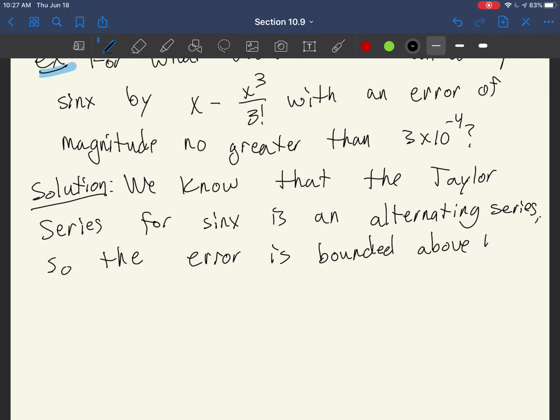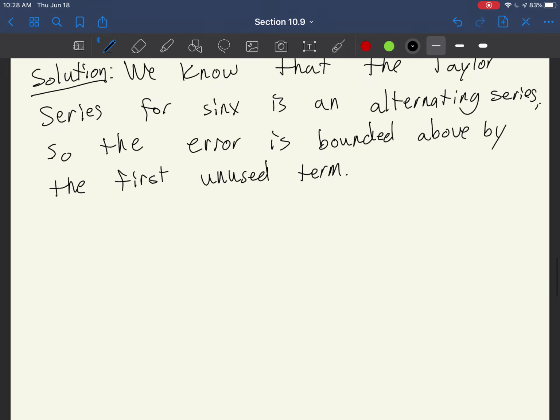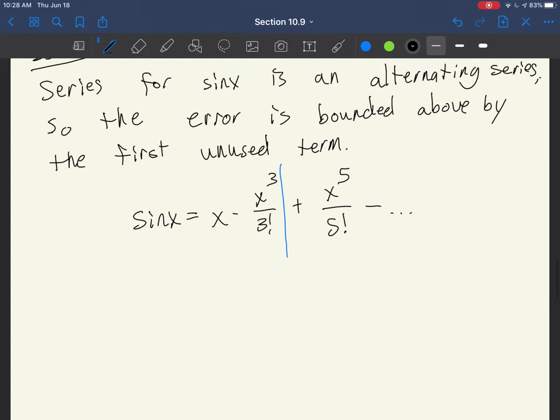So the error term is bounded above by the first unused term. So sine x we know is x minus x cubed over 3 factorial plus x to the fifth over 5 factorial minus dot dot dot.